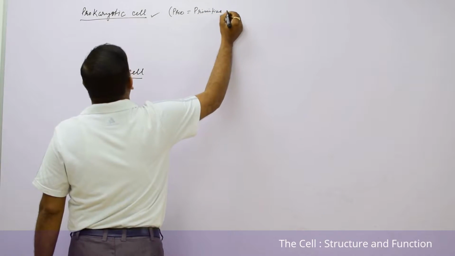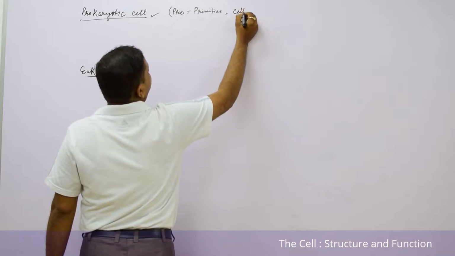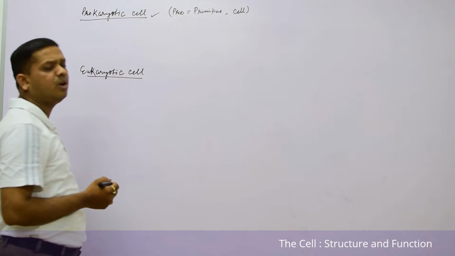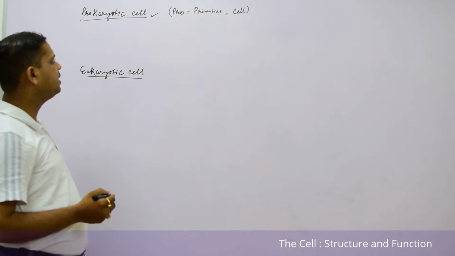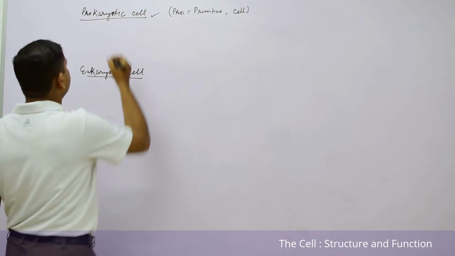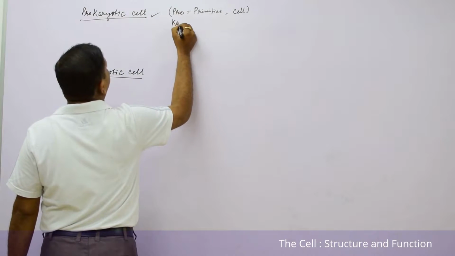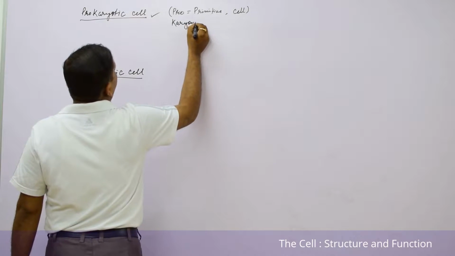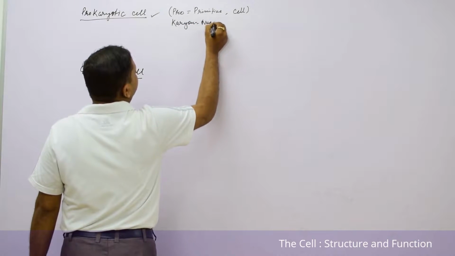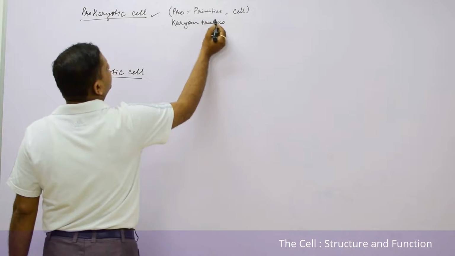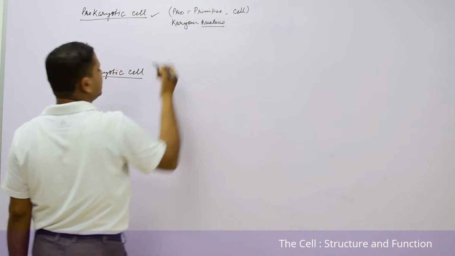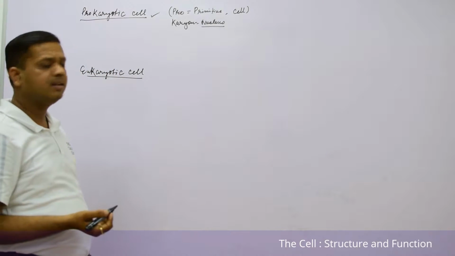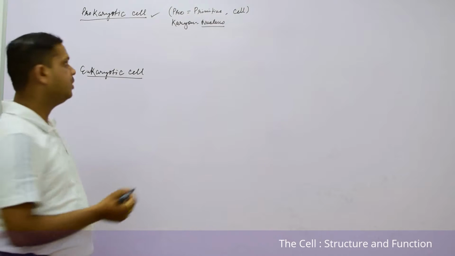The primitive cell does not contain a true nucleus; karyon means nucleus. So they have a primitive type of nucleus. Examples are blue-green algae or any bacteria.